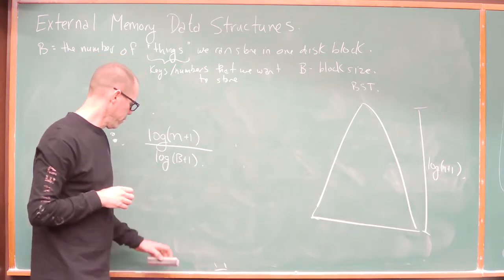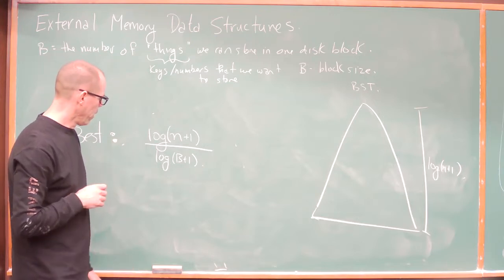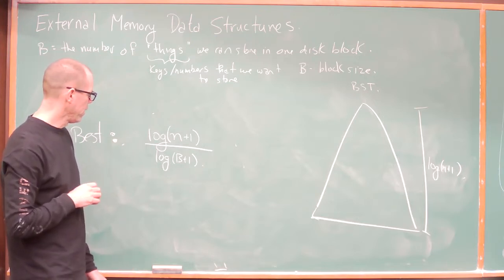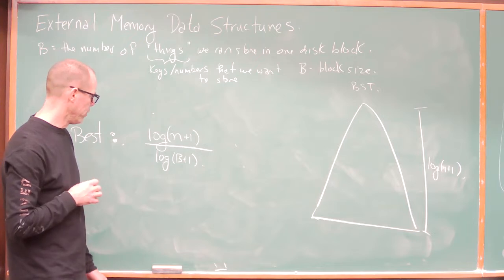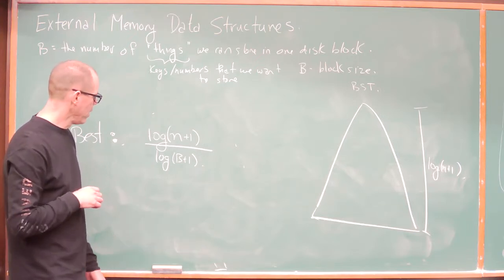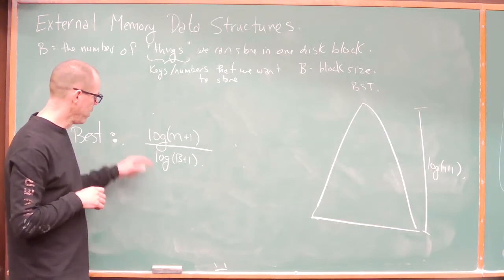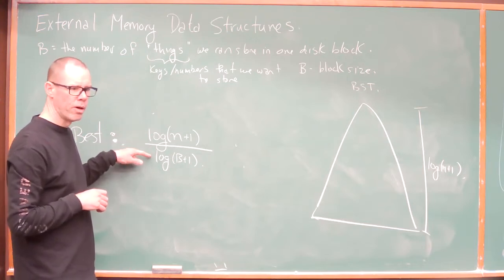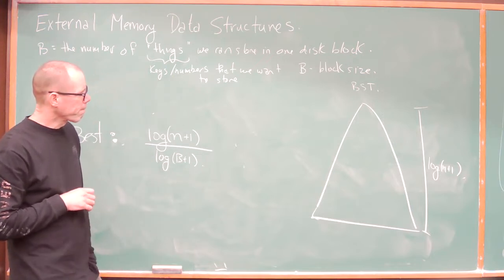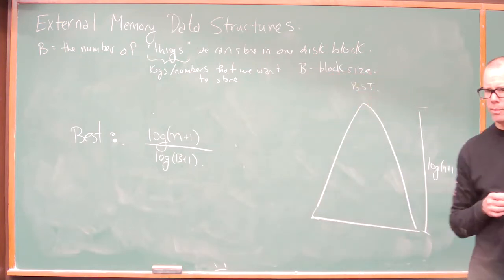And we want to somehow organize things so that we can store this binary search tree on disk so that we get a search time, a number of blocks accessed, which is like log of n plus 1 divided by log of b plus 1. So any idea how we can do that?